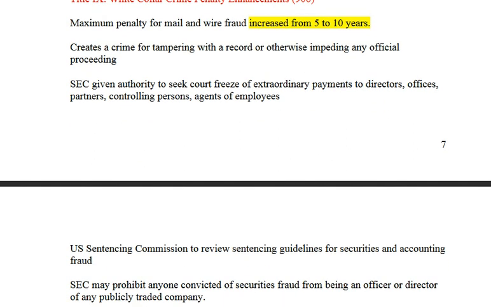Maximum penalty for mail and wire fraud increased from 5 to 10 years. Create a claim for tampering with a record or otherwise impeding any official proceeding.